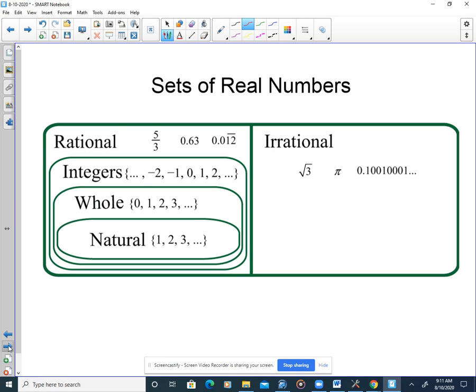Okay, this is just a quick review. You've seen this before. These are the different sets of real numbers. If you look at the natural numbers, everything in here is also in the whole numbers. So what's true is the natural numbers are a subset of the whole numbers. Also, everything in the natural numbers is also an element of the rationals. So we can say the natural numbers are a subset of the rationals.